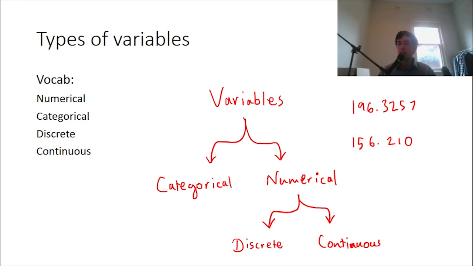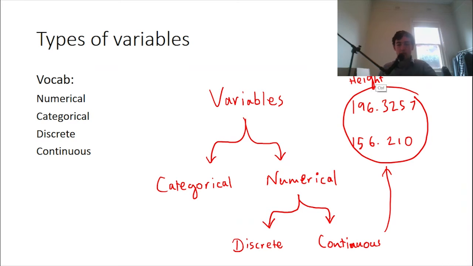Can you see, because I'm allowing decimals, there's infinite number of heights that somebody could be. On the other hand, discrete, let's put that over here as an example of that. Discrete could be, sorry, that's heights. Discrete could be number of children somebody has.